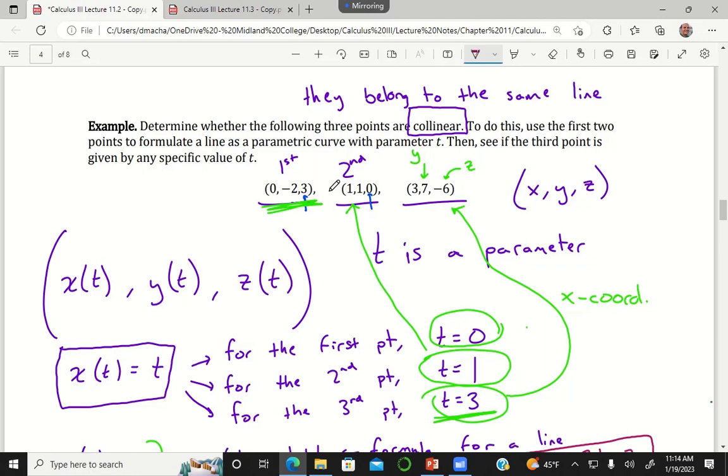And then we're going to see after that if we can make the third point fit with my parametric equations, my parametric functions of t. And if it works, then the third point is lying on that line. It's collinear.